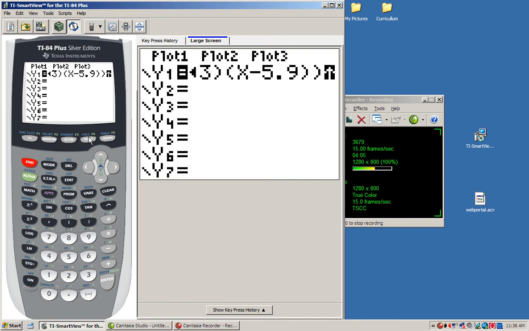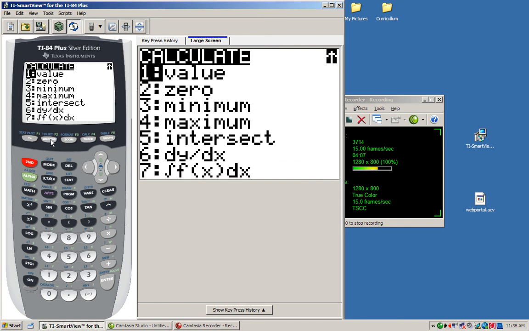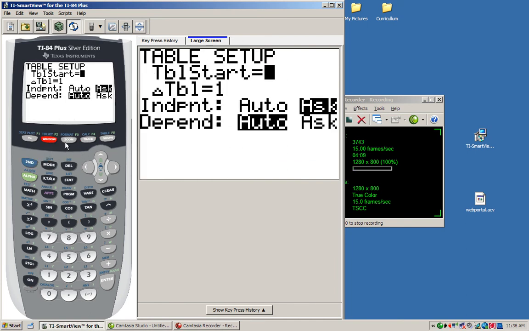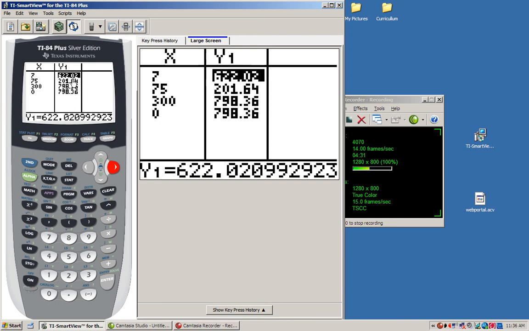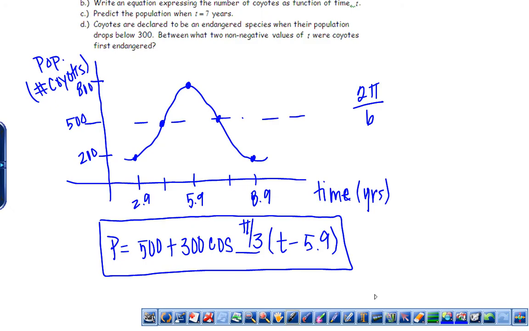So let's go to our table setup, and I've already got it on ask, so we can go to our table. My answer is 622.02 coyotes. So let's just round that to a whole number so that we've got 622 coyotes.